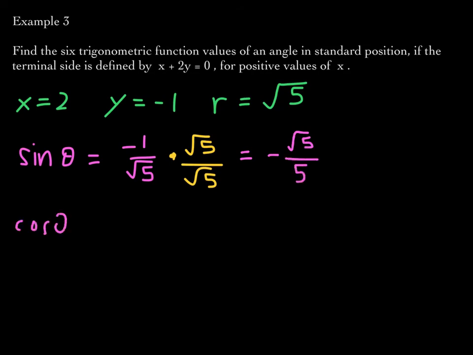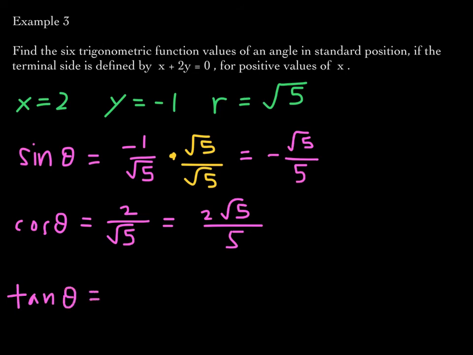Cosine of theta would be positive 2 over root 5, but when you rationalize, you would get 2 root 5 over 5. Tangent of theta would be y over x, so negative 1/2. Cool? Now the last three will be the reciprocals.